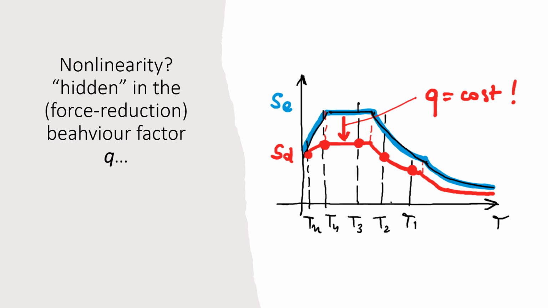Eurocode calls it the behavior factor, letter q, which is a factor reducing the spectrum ordinates.